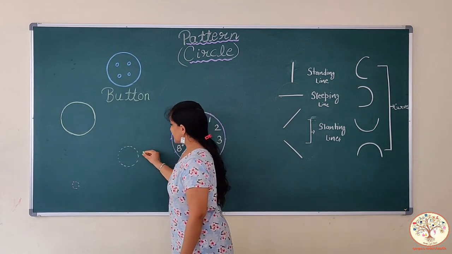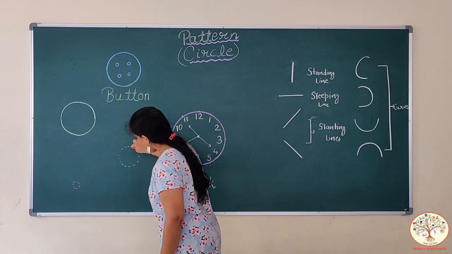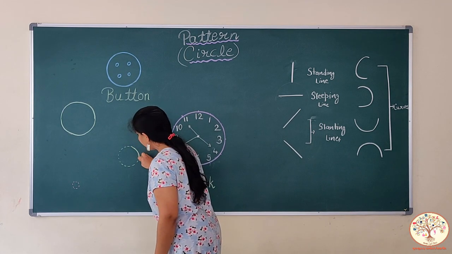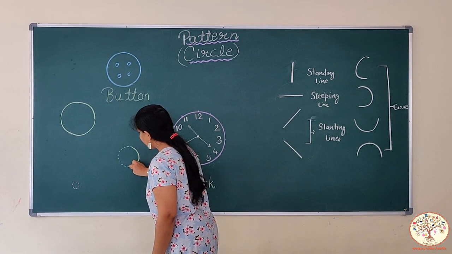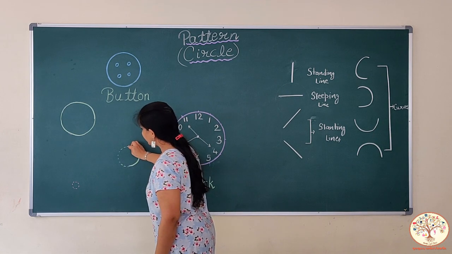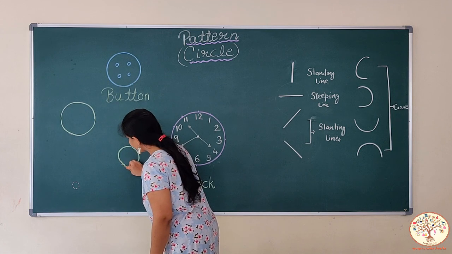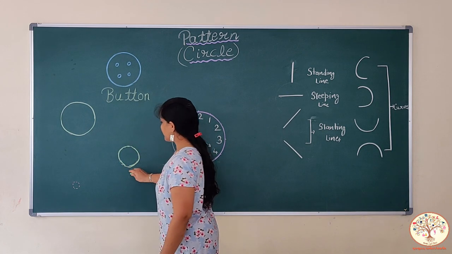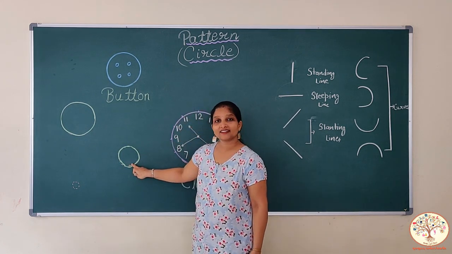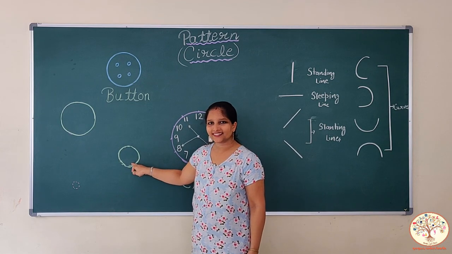Now, see. Now I will make here left curve and right curve. Here I got a circle.